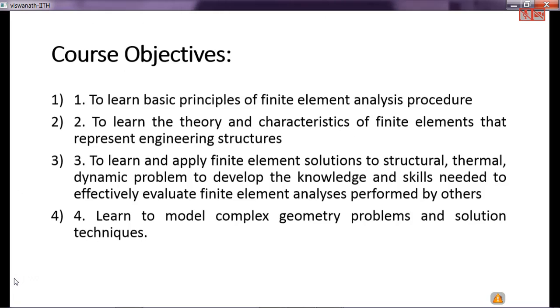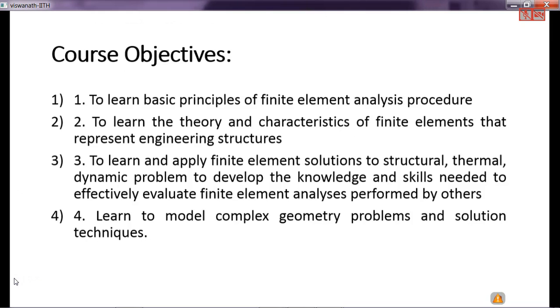We know that any given structure is subjected to loads and deformations. So we have to use some techniques to solve these engineering structures so that it can help us in designing those structures. That is the reason the finite element method, you will come to know in due course of time, is quite essential for a solid mechanician.